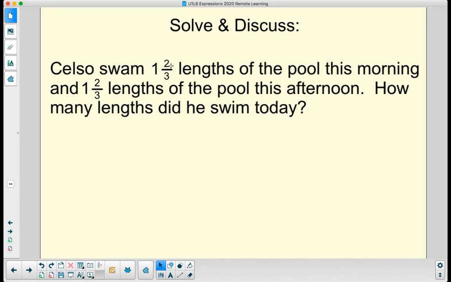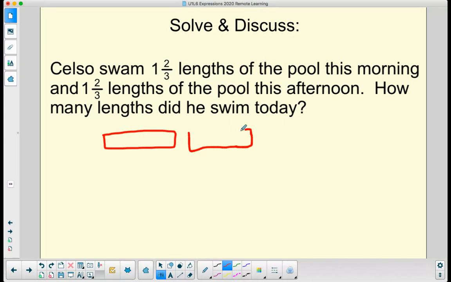So, I would start with a diagram. Let me see here. So he swam 1 2/3 this morning. 1 2/3 this morning.